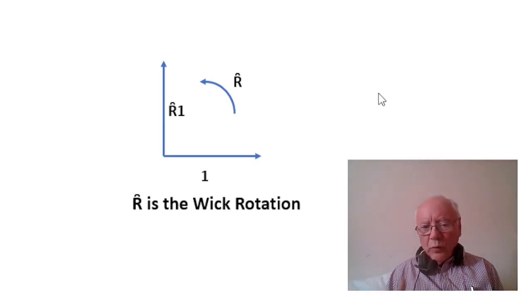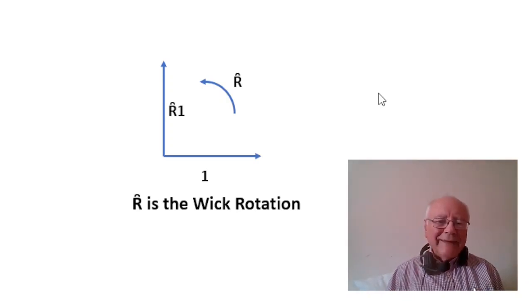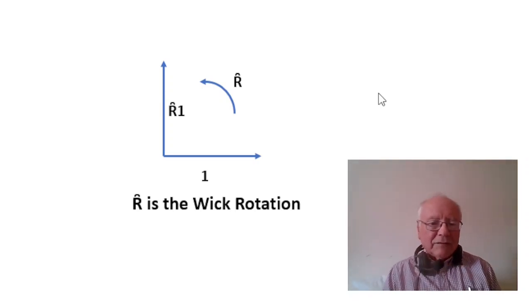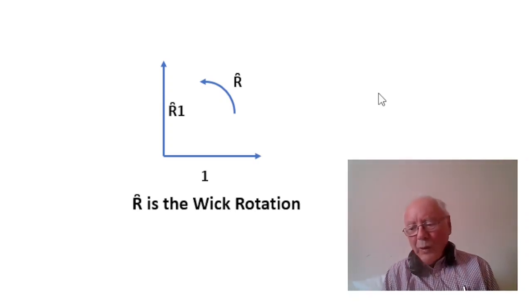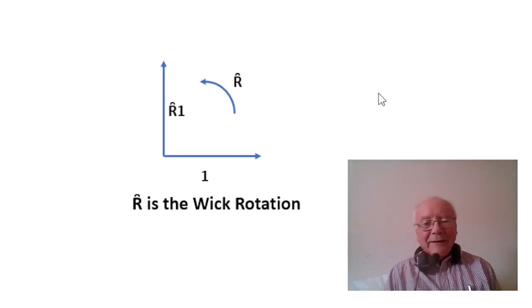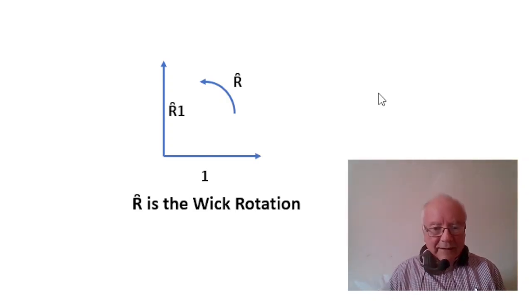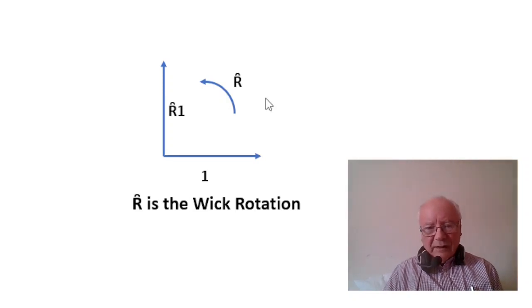Now, we're used to equations with numbers in them, but there are also equations that have what they call operators in them. Most of our equations have both a mixture of operators and numbers. So 1 plus 1 equals 2. The 1s and the 2 are numbers, and the plus and the equals are operators. Wick had an operator called, I'll call it R, and I put a little hat on it to show that it's an operator, it's not a number.